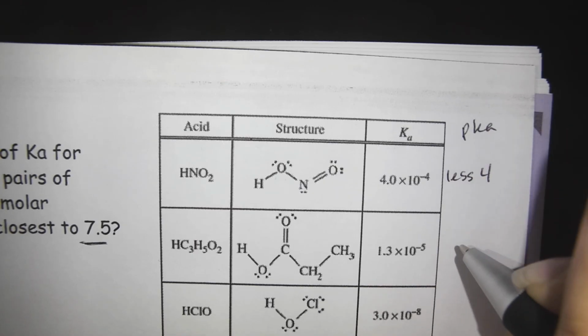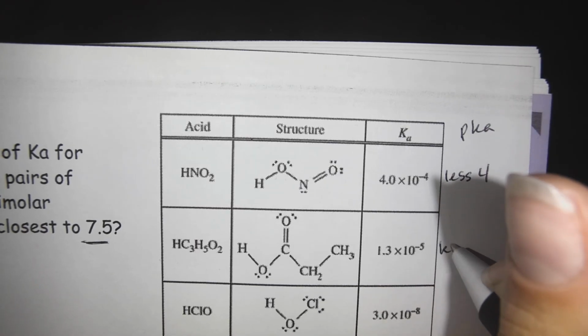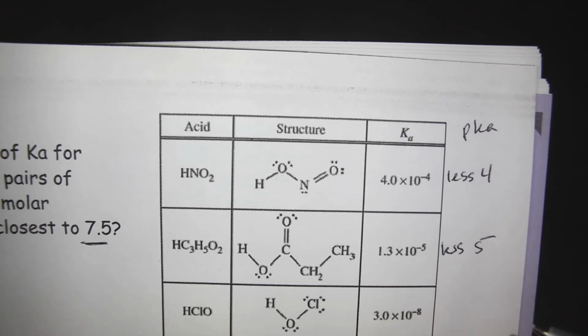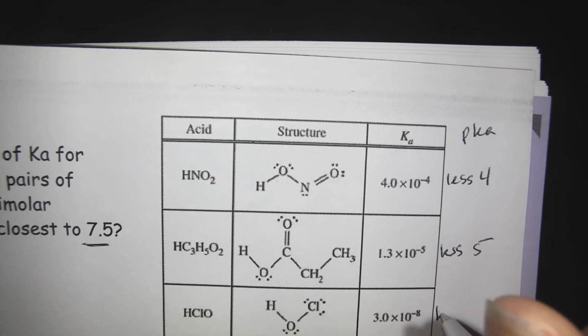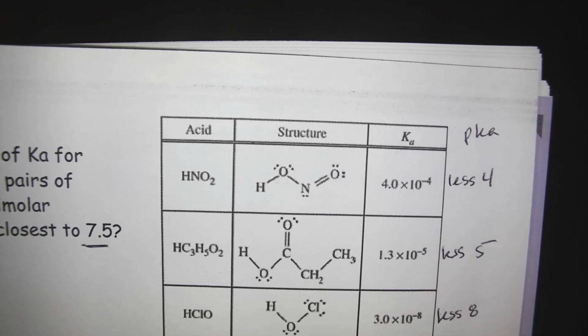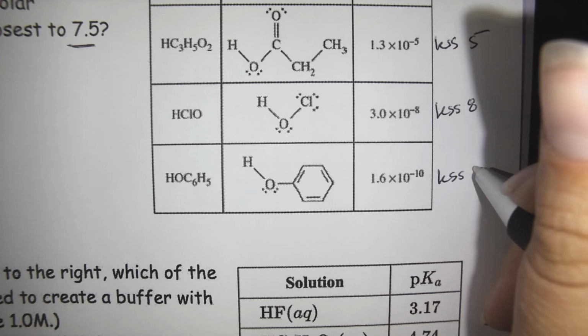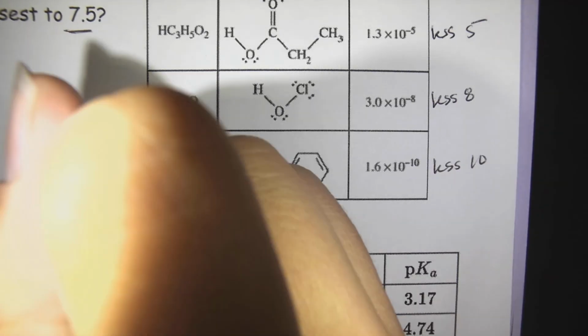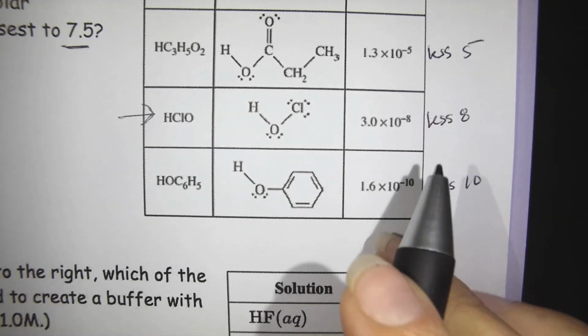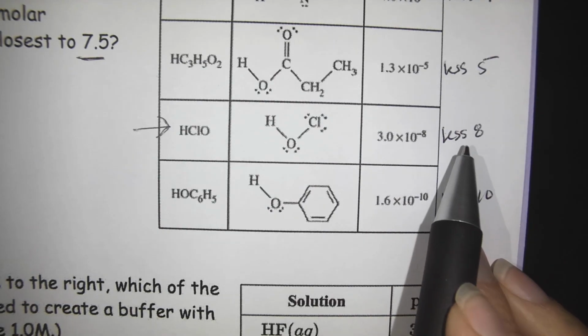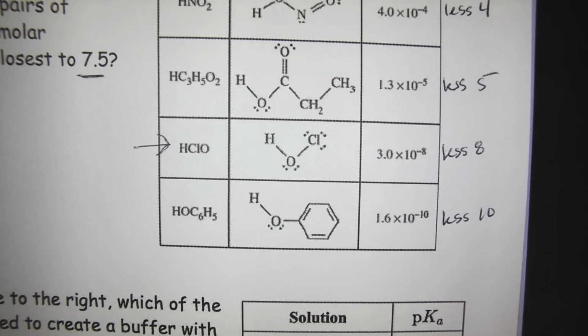This one has a pKa that's a little bit less than 5. This one has a pKa that's a little bit less than 8. And this one has a pKa that's a little bit less than 10. So we want this guy, because see how its pKa is closest to that 7.5.